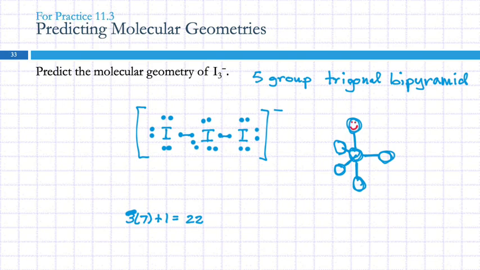Okay, so these are the axial ones, and these are the equatorial. So the lone pairs are going to go where there's more room. They're going to go in the equatorial positions.